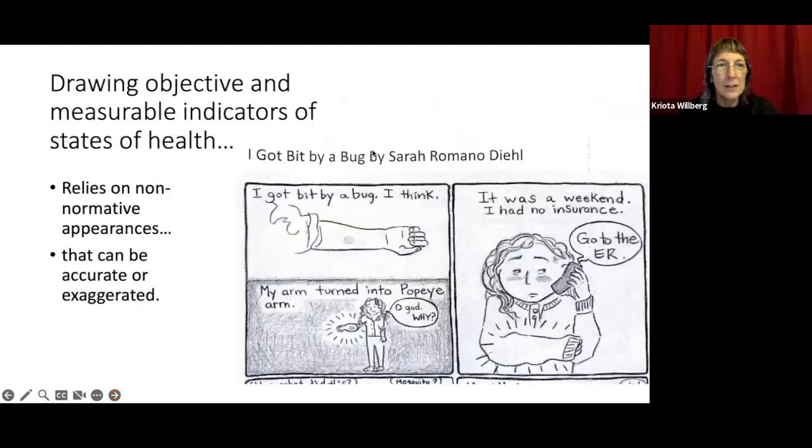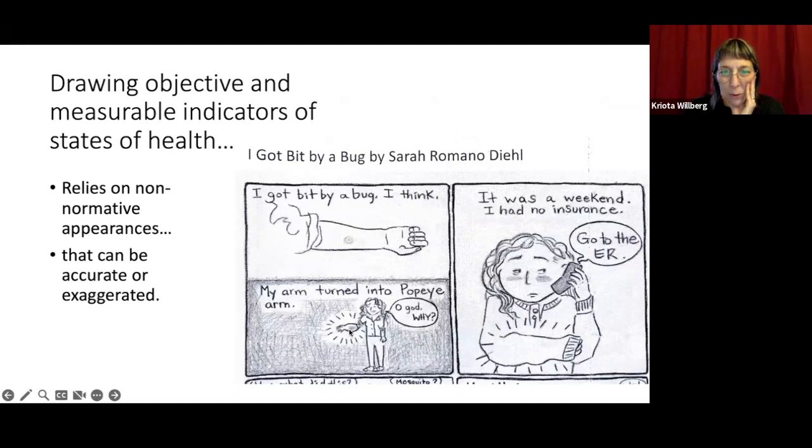And then objective states of health can also really rely on non-normative appearances, right? And those non-normative appearances can be accurate or exaggerated. So here, Sarah Romano Deal did a mini comic that I like very much about her experience with Lyme disease. So we can see an actual bullseye rash.